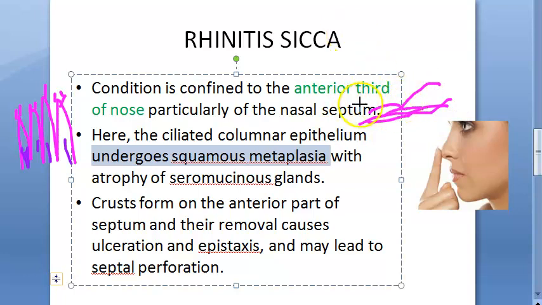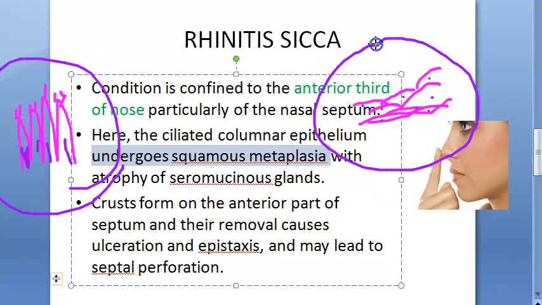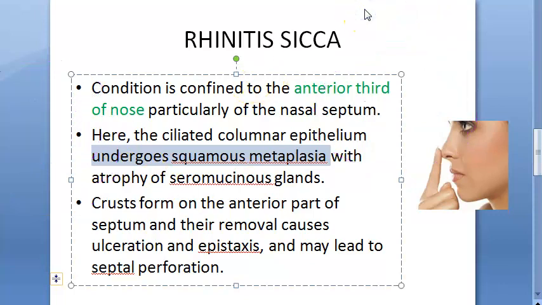So this is happening in what, guys? In Rhinitis Sicca. Why? Because of exposure to dry, hot, dusty environment, okay. So ciliated columnar epithelium is undergoing squamous metaplasia, and all the glands are getting atrophied, and all this is happening only in the anterior third of the nose.